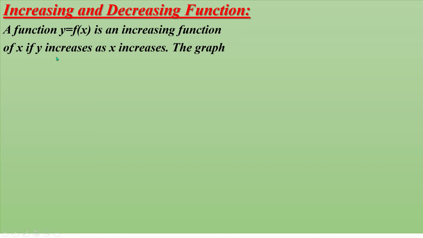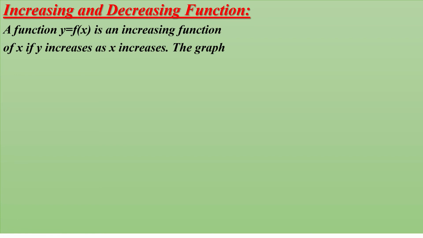Increasing and decreasing function. A function y equal to f of x is an increasing function of x if y increases as x increases. That means when x increases, y also increases. For example, y equal to x, or f of x equal to x.